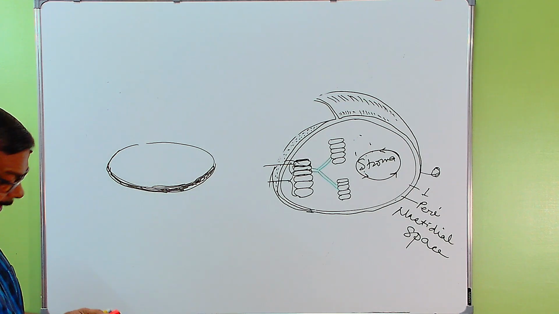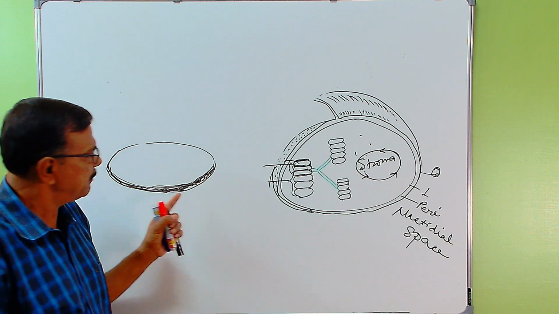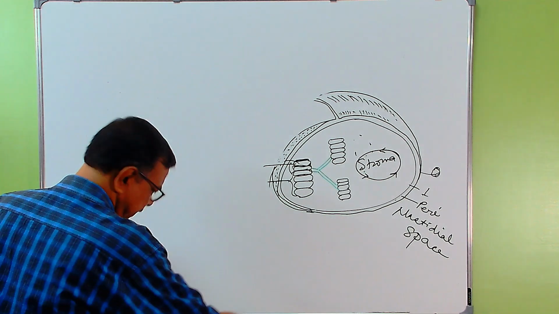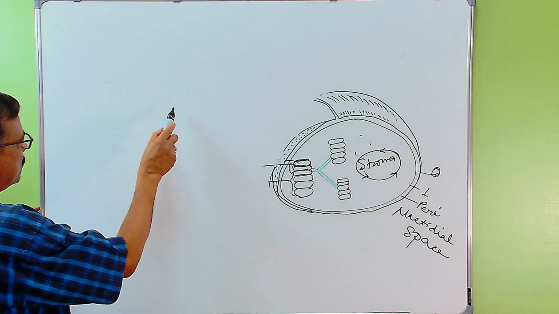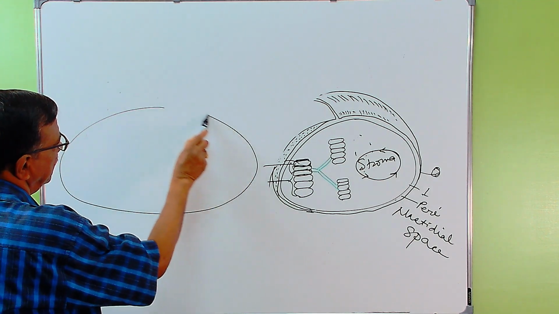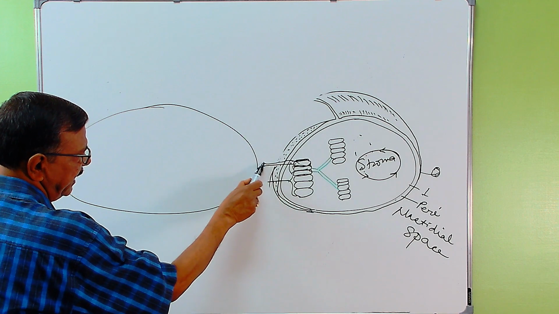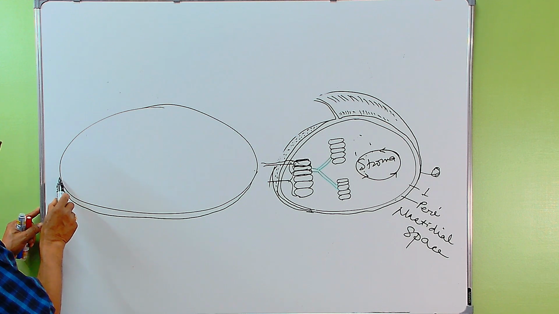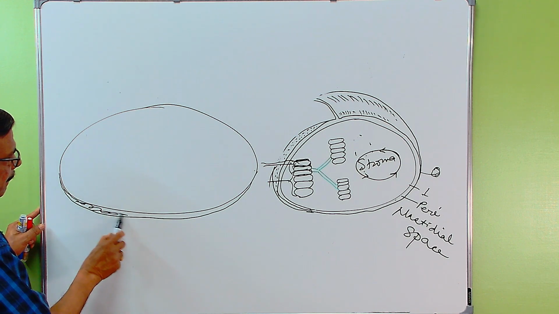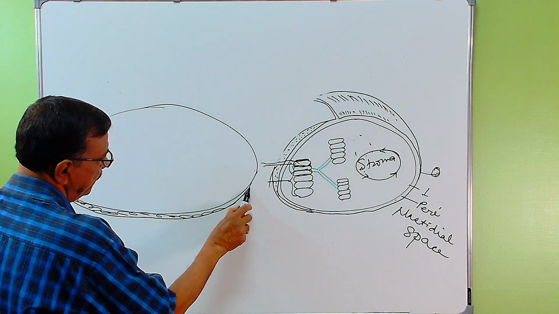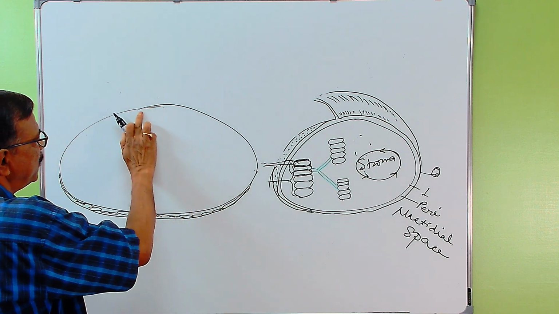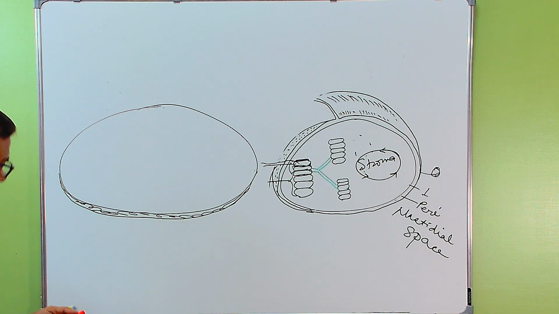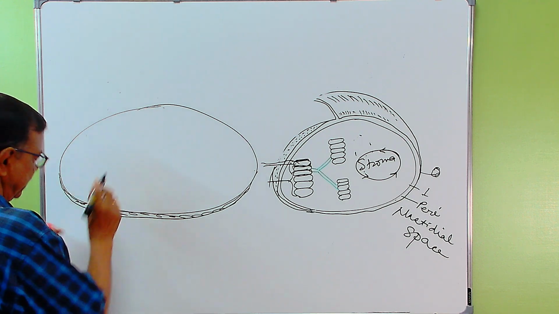Now, situated in this thylakoid membrane, I will have to make it a little bigger, otherwise I cannot put PS1 and PS2 here. This is the thylakoid I have taken, part of the coin. Situated in the thylakoid membrane, a cluster of pigment molecules are there.